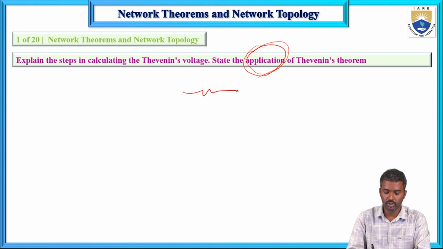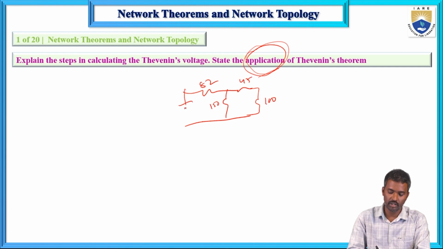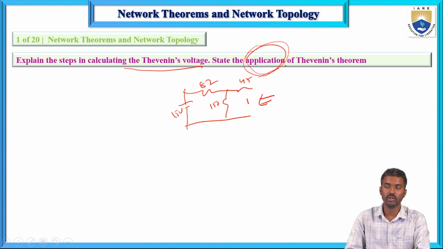What are the steps? Suppose I am taking one example. This one is the Thevenin's voltage. This is 100 ohms, 47, 82, this is a 150, and this one is 15 volts. Now here, to calculate the Thevenin's voltage, remove the load resistance from the given circuit and calculate the open circuit voltage. Removing the load resistance means where you want to find the current, that is the load resistance.